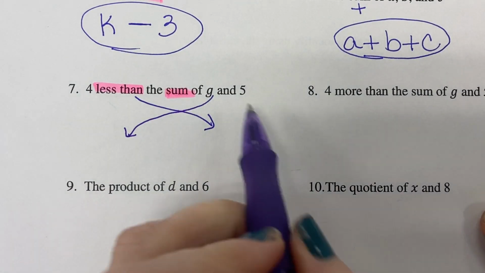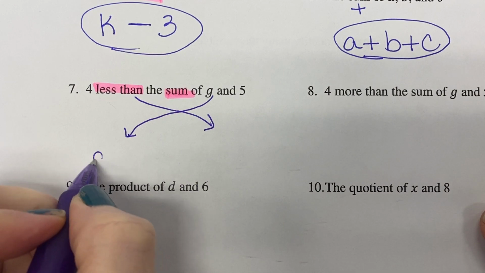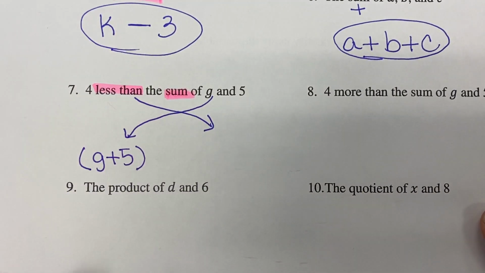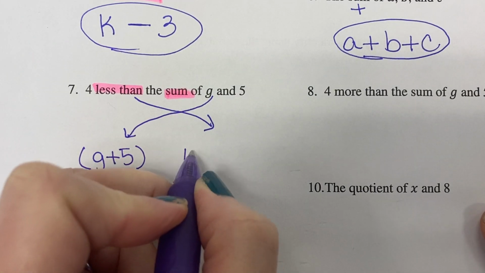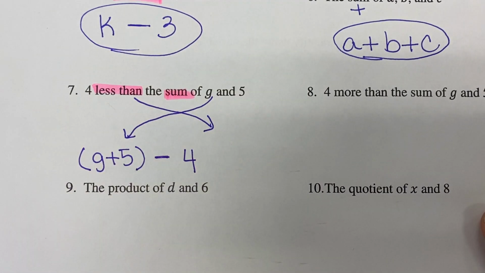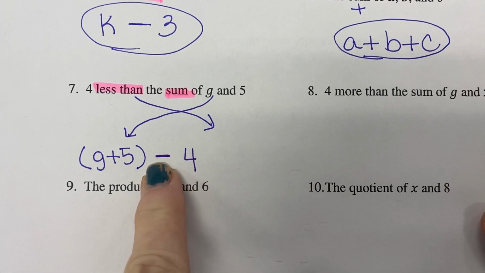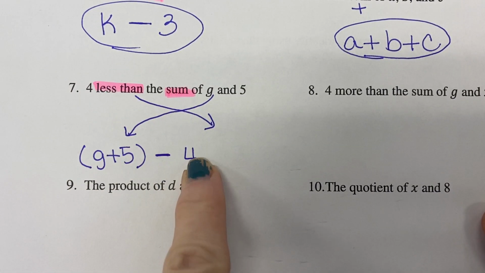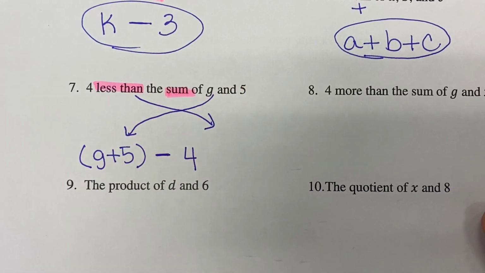So the sum of g and 5, we want to make sure we get that, and then we want to take 4 away from it. So we're taking 4 off, put it in the back: 4 less than the sum of g and 5.